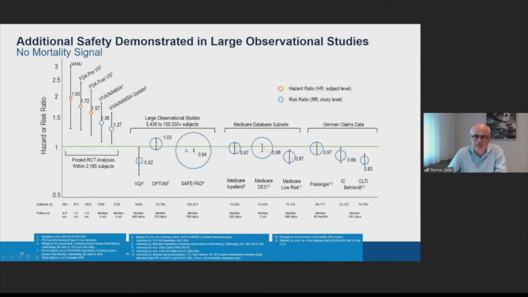If you look into even much bigger real-world data sets, that means large observational studies, Medicare databases, or German claims databases, you can see that there's virtually no difference in terms of all-cause mortality for the use of DES or DCB. And for the German analysis, we even found a survival benefit if DCB had been used.